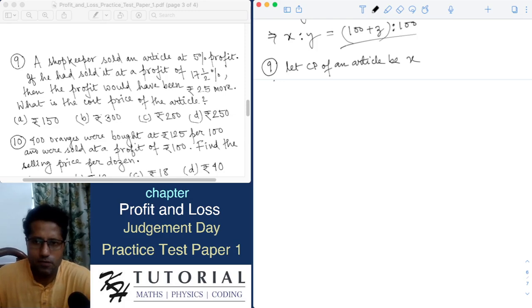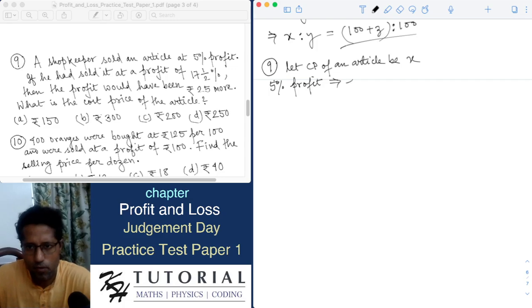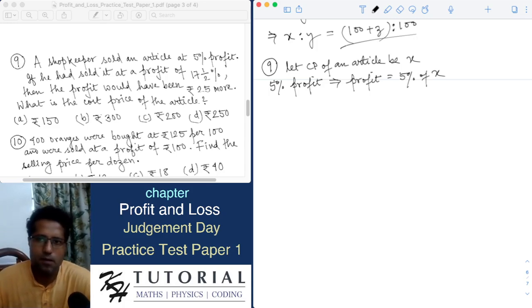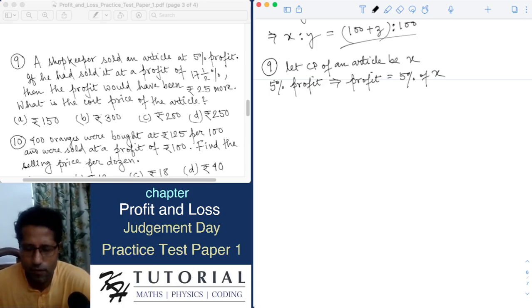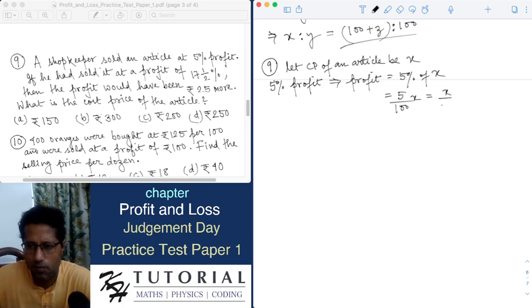Okay, so if the cost price of an article is x and there is a 5% profit, that implies profit is equal to 5% of x, because profit percent or loss percent is always based on the cost price. So if it is sold with a profit of 5%, then the profit will be 5% of x. This is 5 by 100 into x. This is x by 20.